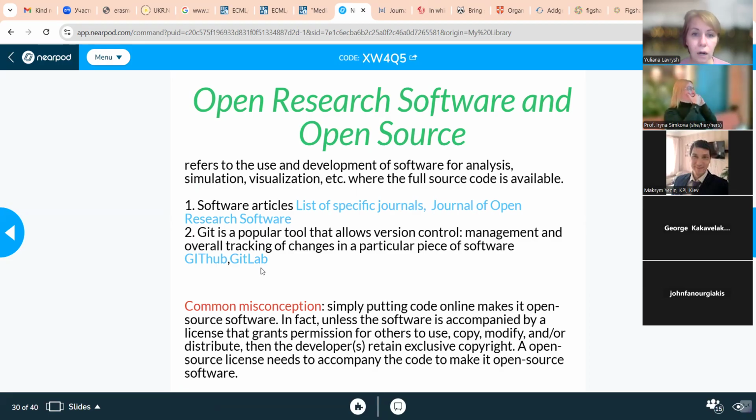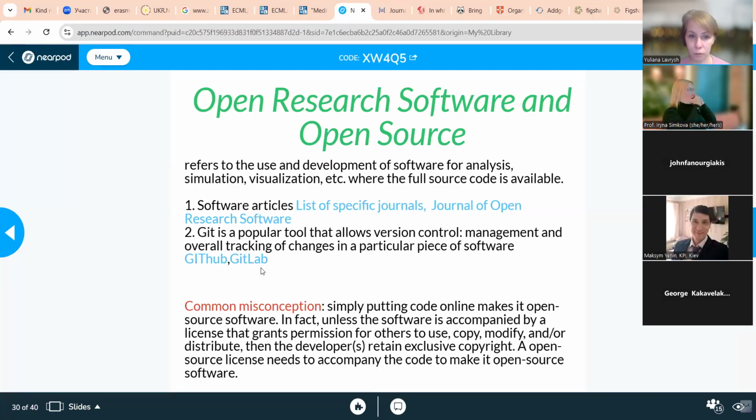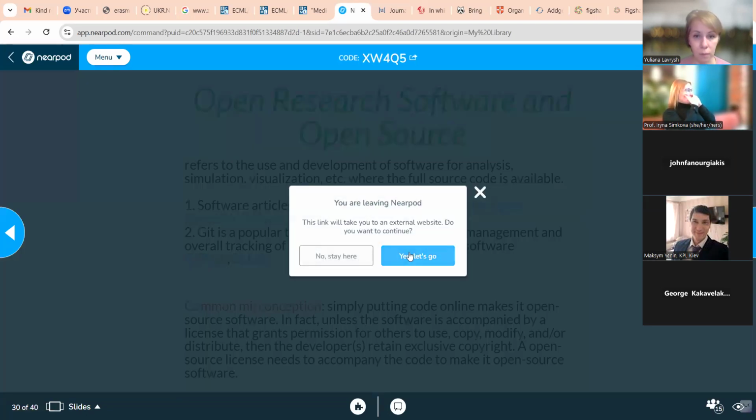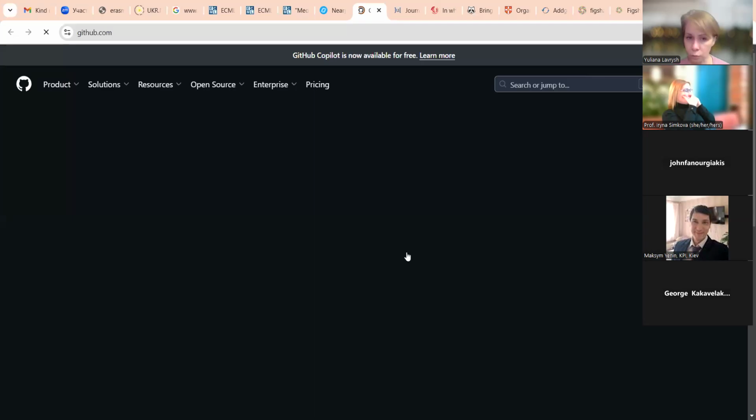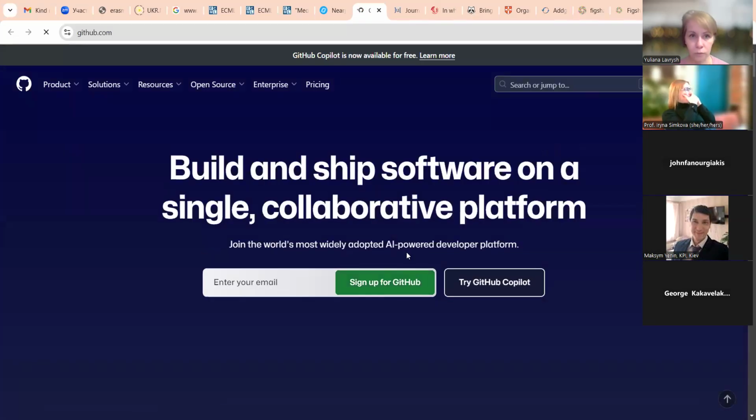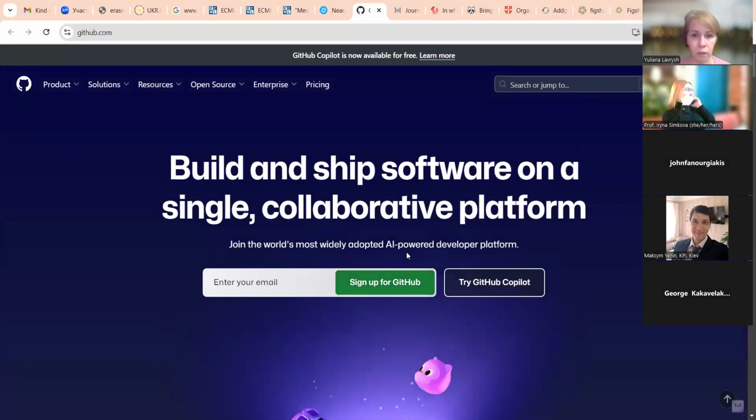So here are repositories of software and tools for management of data upload, downloading, tracking changes and so on. For example, GitHub, also a well-known and widespread open resource tool.